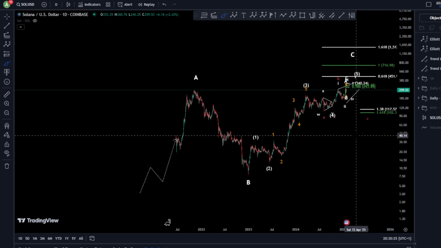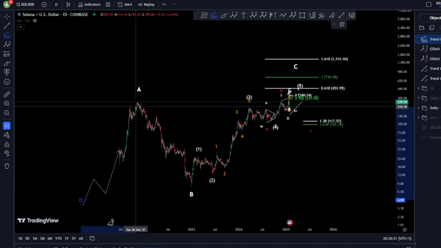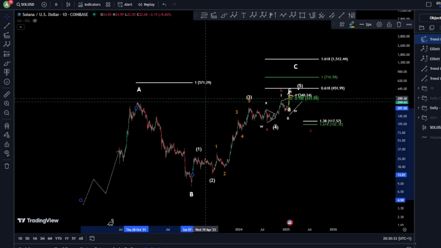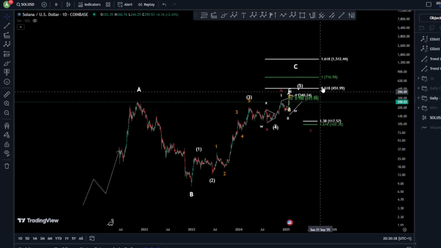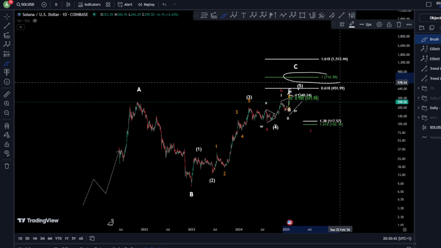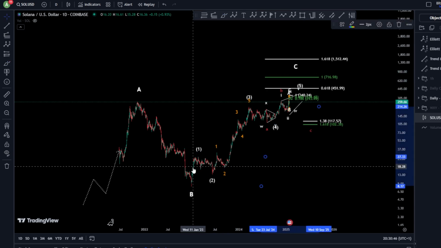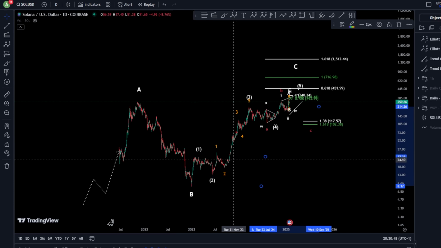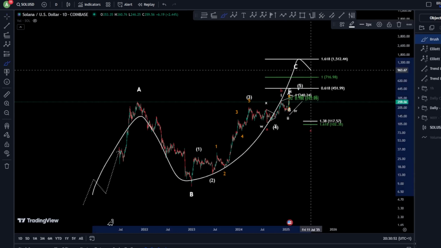If this happens and we reach above the fib levels taken from the A to the B, let's say the 1-to-1 fib level here at $570, I'm going to make sure of this on another chart, by the way. But reaching this area at 770, which is already as well the targets taken from our impulse, might mean, guys, that we are in 1, 2, 3, 4, and a 5.